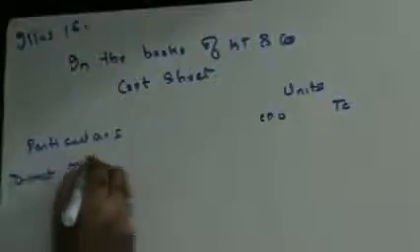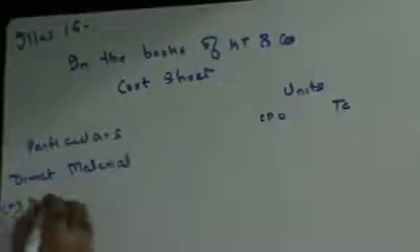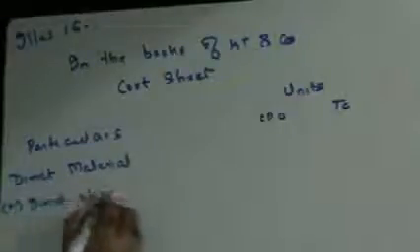Direct material plus direct wages plus direct expenses will give you prime cost. Add factory overheads plus sale of scrap.